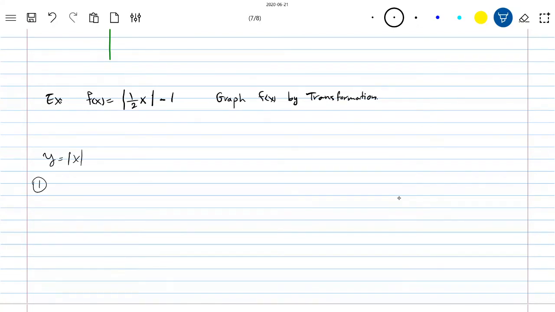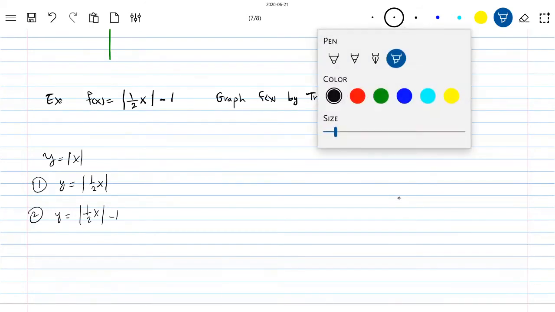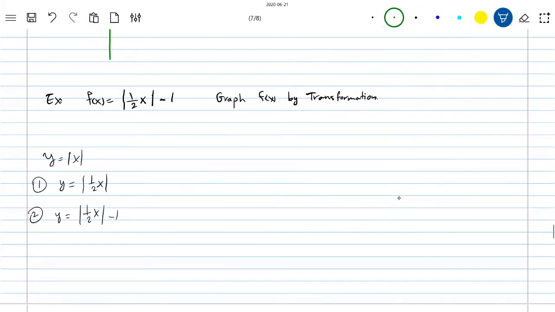What do you do? The first step is you have to figure out where you get this 1/2 x. Then the next step would be, how do you get to 1/2 x minus 1? At every step, there is a transformation. From absolute value of x to absolute value of 1/2 x, what happens?